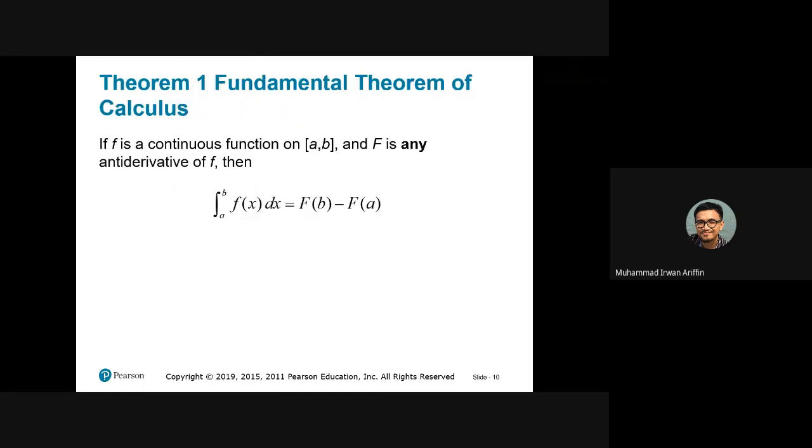So this basically gives us Theorem 1, the fundamental theorem of calculus, which says that if we have a function f that is continuous on the interval [a, b], and big F is any antiderivative of f, then the definite integral of f(x) from a to b would simply equal the antiderivative evaluated at the upper limit minus the antiderivative, big F, evaluated at the lower limit.